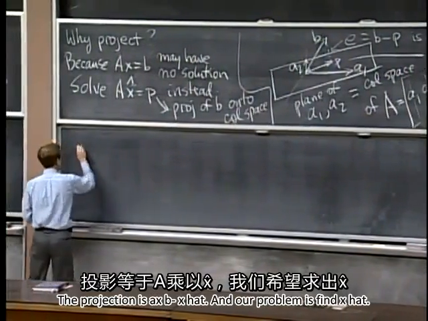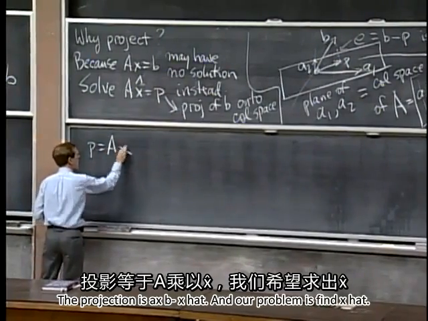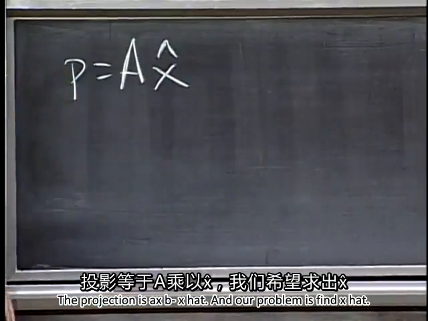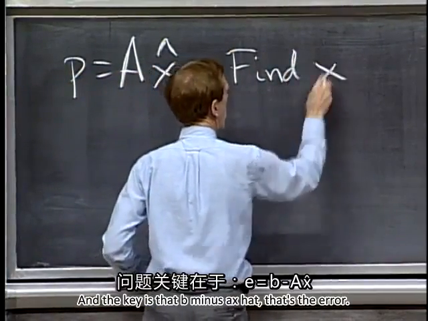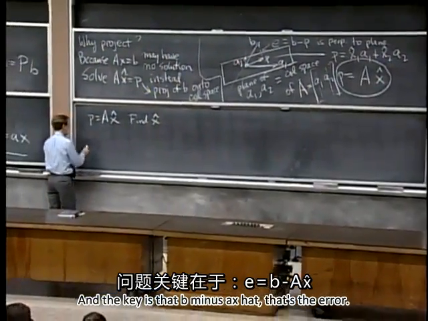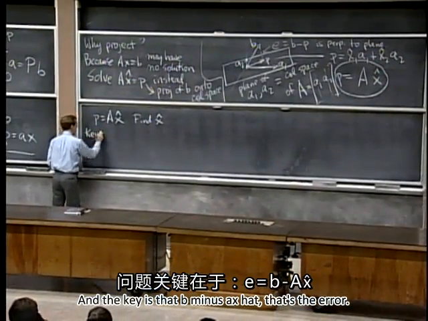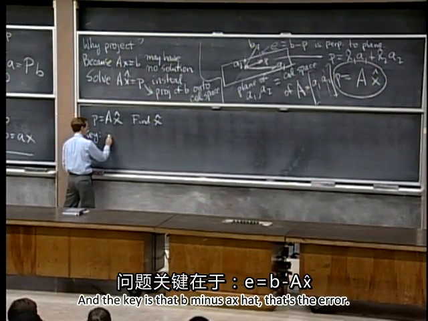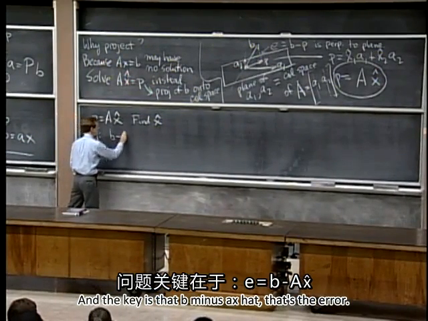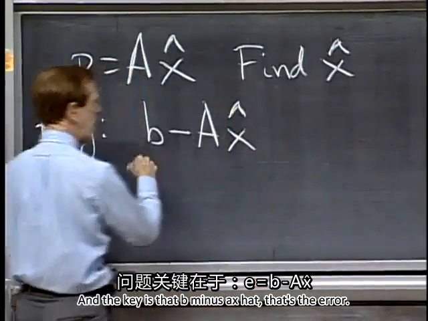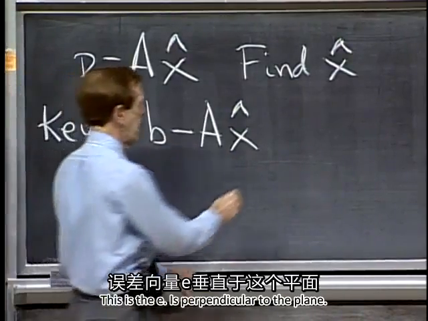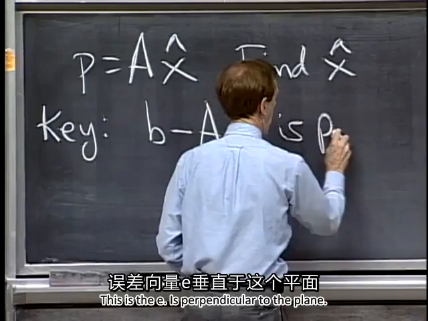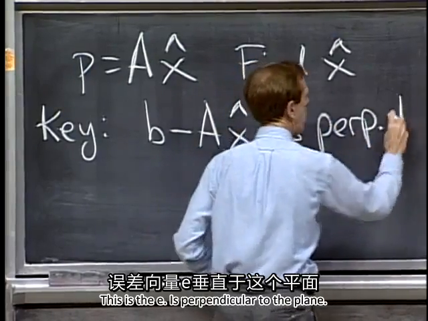The projection is A x hat. And our problem is find x hat. And the key is that b minus A x hat, that's the error, this is the e, is perpendicular to the plane.